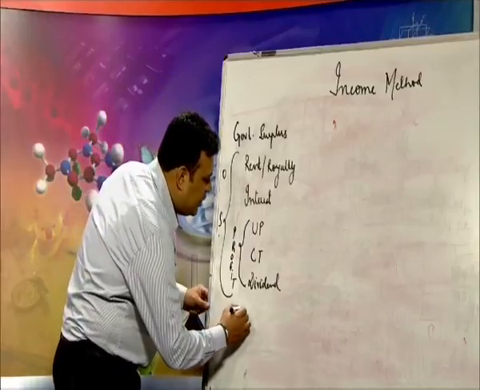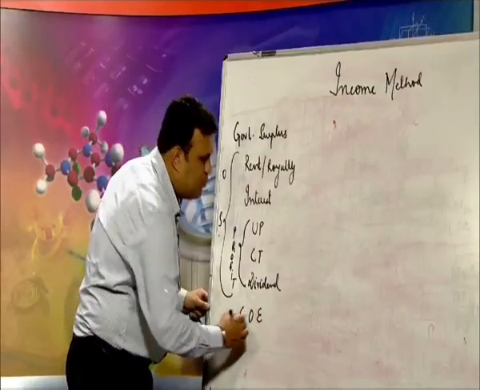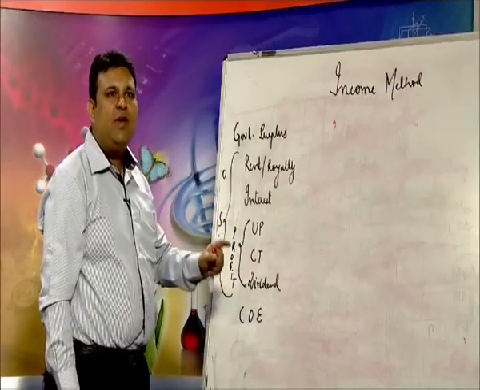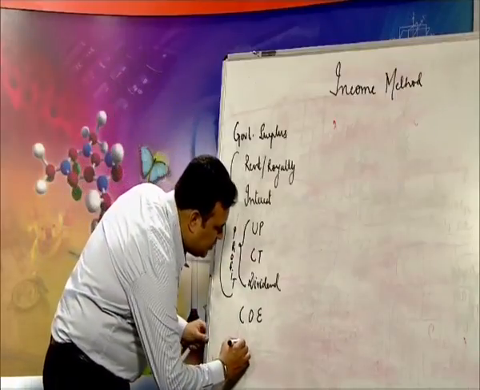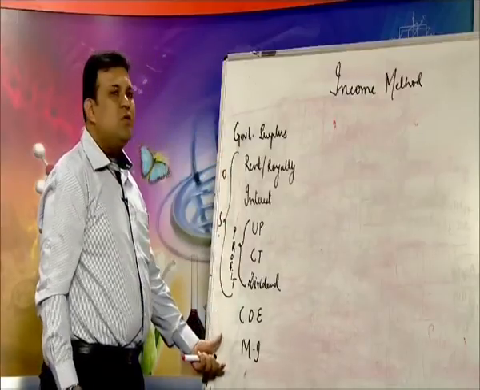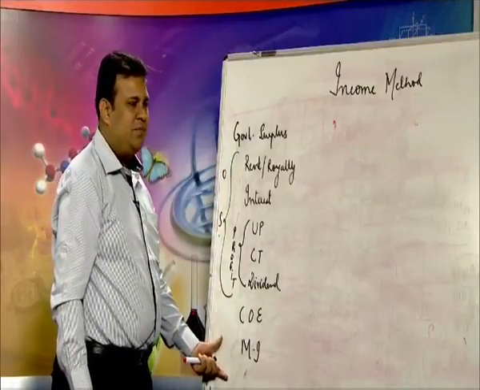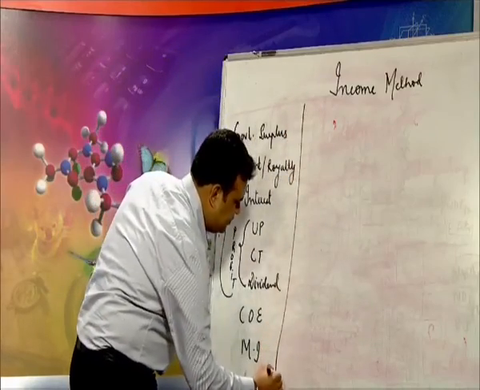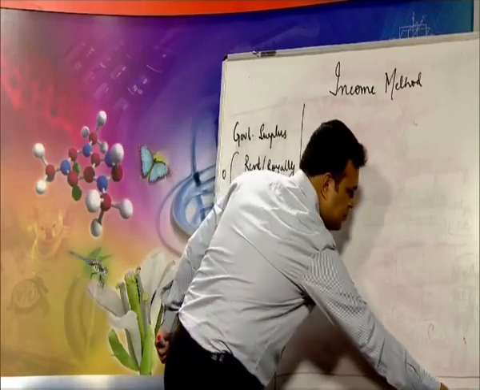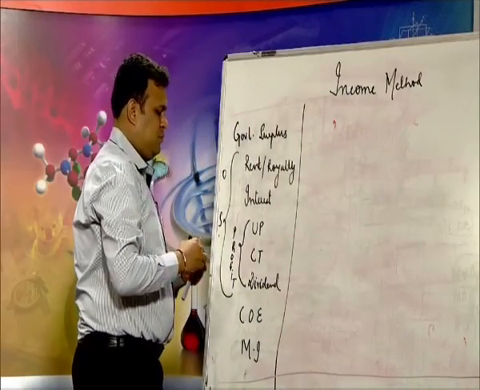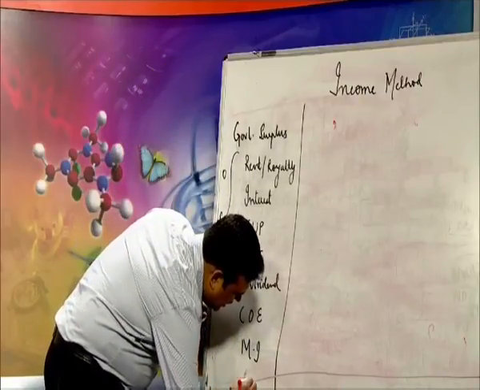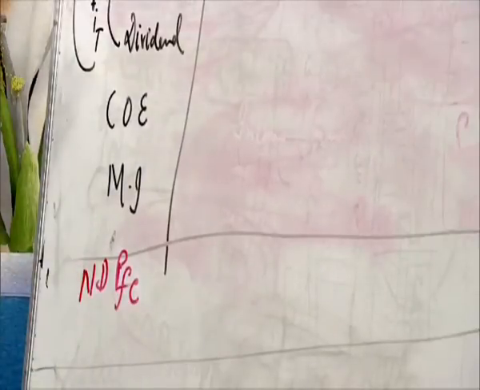Then how people earn? People will earn compensation of employees, cash, kind, social security benefit and retirement pension. Then people have mixed income. So, this is what the domestic income. This is your domestic income NDP at FC.